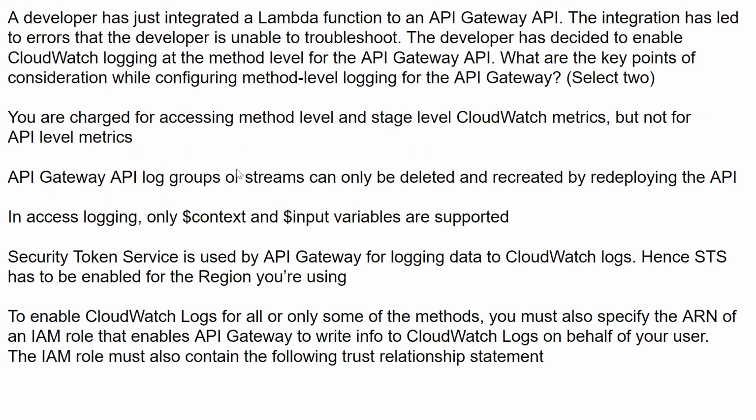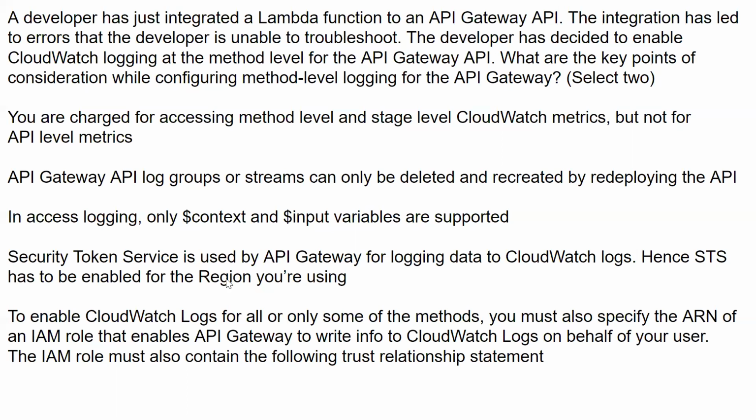Okay. Last one. A developer has just integrated a Lambda function to an API Gateway API. The integration has led to errors that the developer is unable to troubleshoot. The developer has decided to enable CloudWatch logging at the method level for the API Gateway API. What are the key points of consideration while configuring method level logging for the API Gateway?